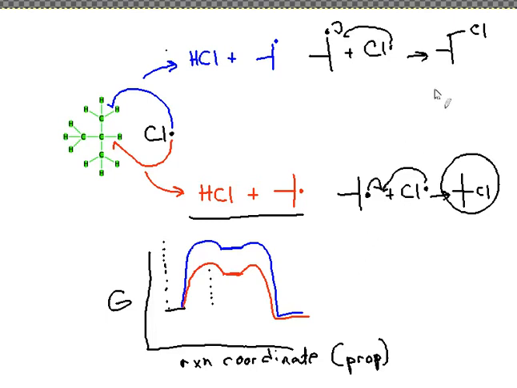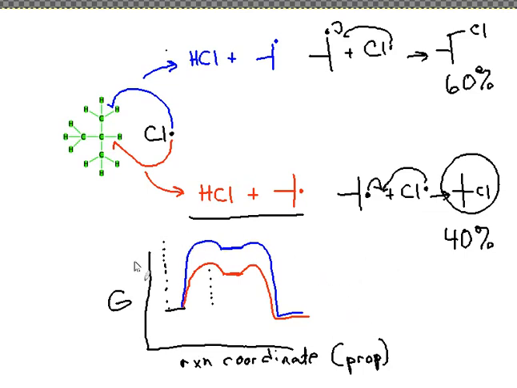But what if I told you that if you actually did this reaction, you end up with a slight preference for the primary product, the primary alkyl halide, as compared to the tertiary alkyl halide? That might be disturbing at face value.